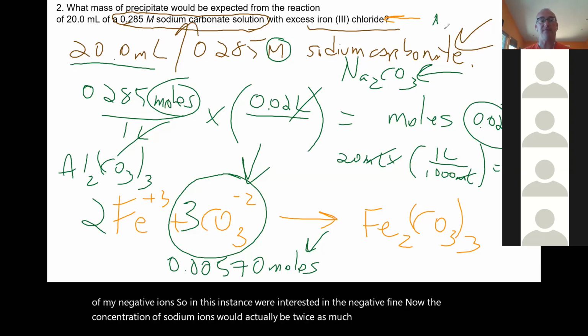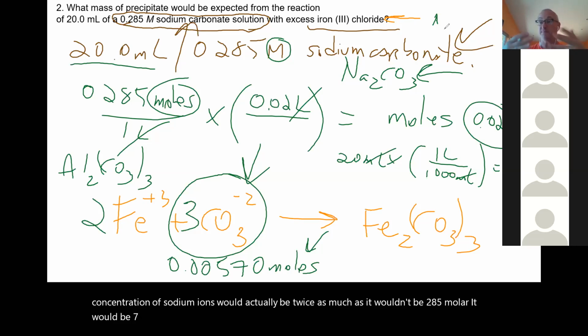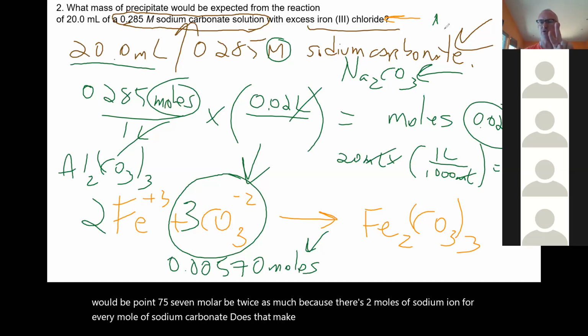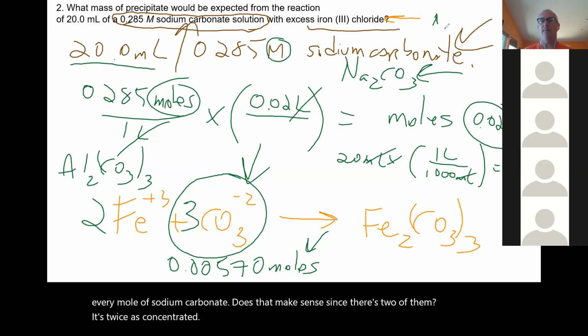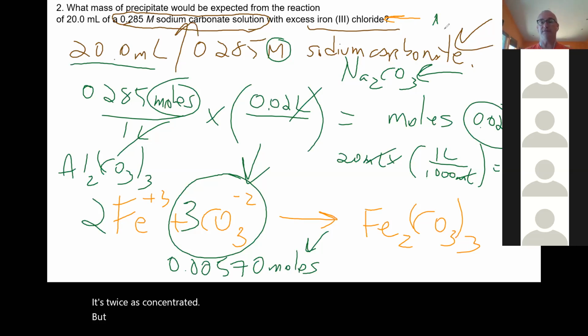It wouldn't be 0.285 molar, it'd be 0.57 molar, because there are 2 moles of sodium ion for every mole of sodium carbonate. Does that make sense? Since there's 2 of them, it's twice as concentrated. Yes. But the overall concentration of sodium carbonate is 0.285.